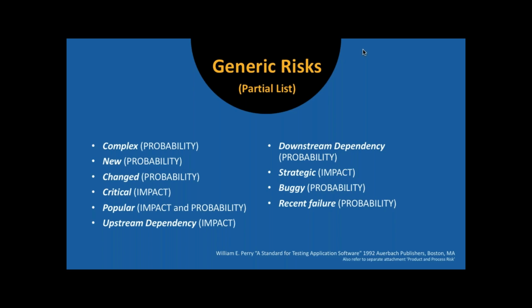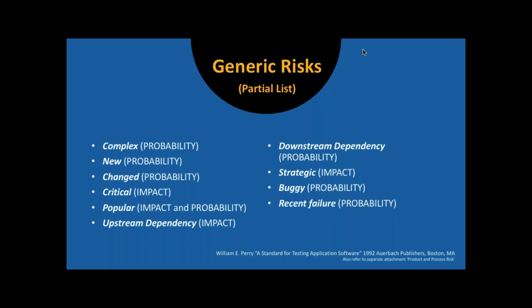We talked already about whether or not it's new technology, but some other things that you would be looking at is the upstream dependency, perhaps. By upstream, I mean, is the process that you're performing the analysis on now upstream of other processes? If so, if this process fails, then you know that the other processes are going to be impacted, so that increases the impact.